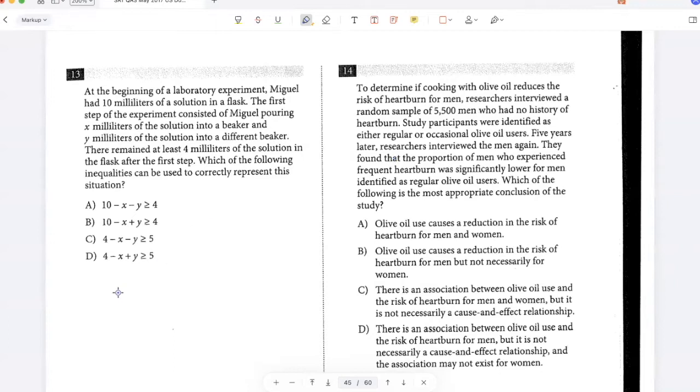Okay, so we started with 10 and we poured X into the first and Y into the second. So this is what we are left with. And this is at least 4 in the flask, right? After the transfers have been made. So 10 minus X minus Y should be greater than or equal to 4. So that's option A.